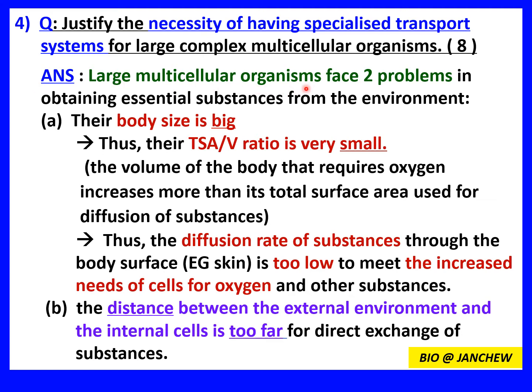Large multicellular organisms face two problems in obtaining essential substances from the environment. Firstly, their body size is big. Thus, their total surface area per volume ratio is small.